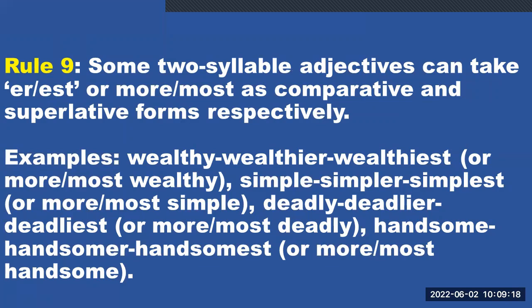For example, you have wealthy, wealthier, wealthiest, or more wealthy, most wealthy. You have simple, simpler, simplest, or more simple, most simple. You have deadly, deadlier, deadliest, or more deadly, or most deadly. You have handsome, handsomer, and handsomest. These are rare usages. Or more handsome, most handsome. All right. So these are the rules.